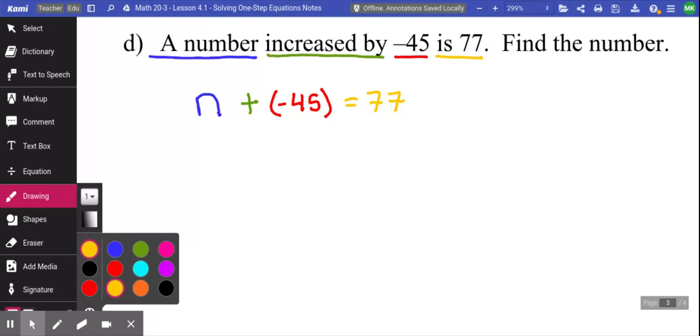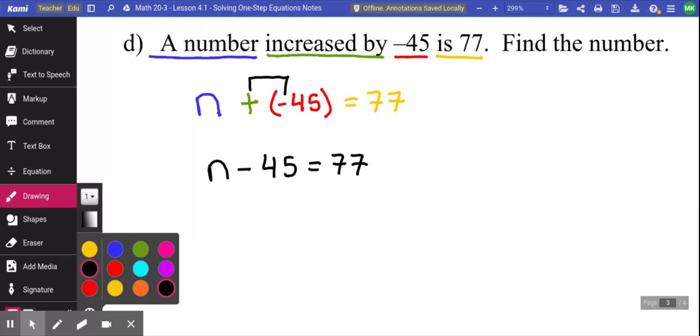When we get those double symbols, combine them to become one symbol. So this really means n minus 45 equals 77. Right? That positive and negative became a negative.